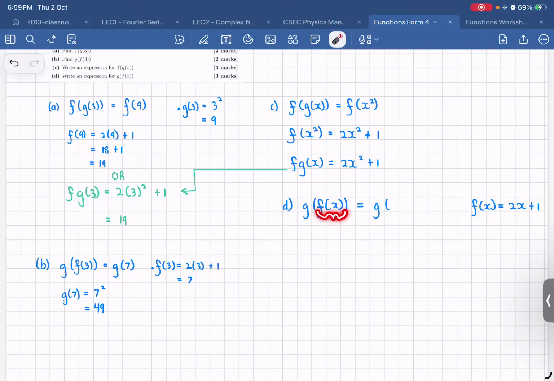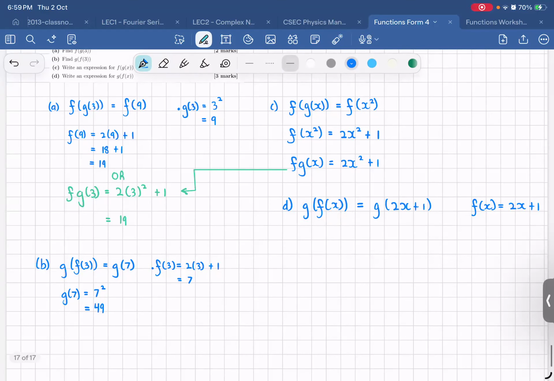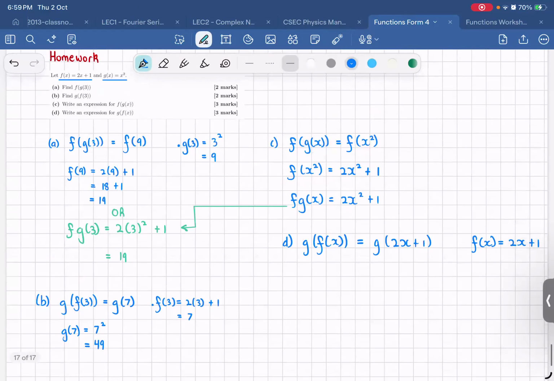So f brackets x. So that's f of x, right? Yes. My question to you is, what is f of x? So 2x add 1. So all you're going to do is write 2x plus 1 here as well. Right? Okay, nice.